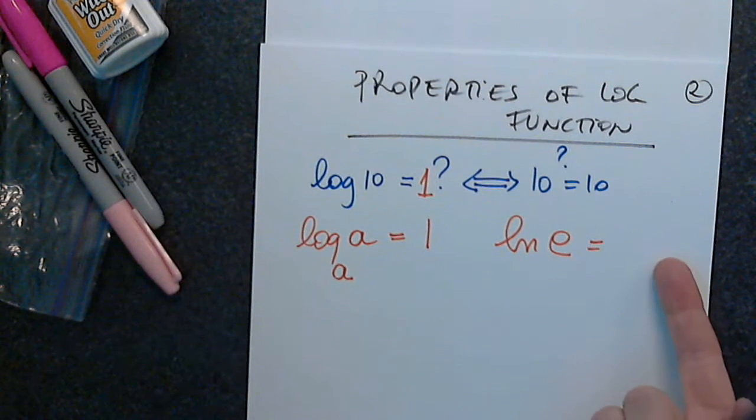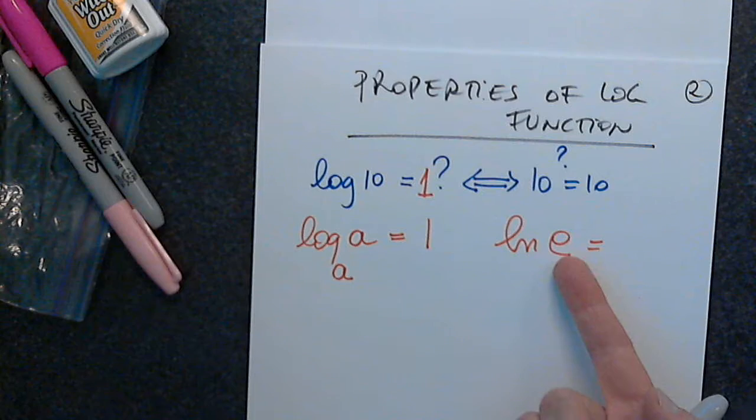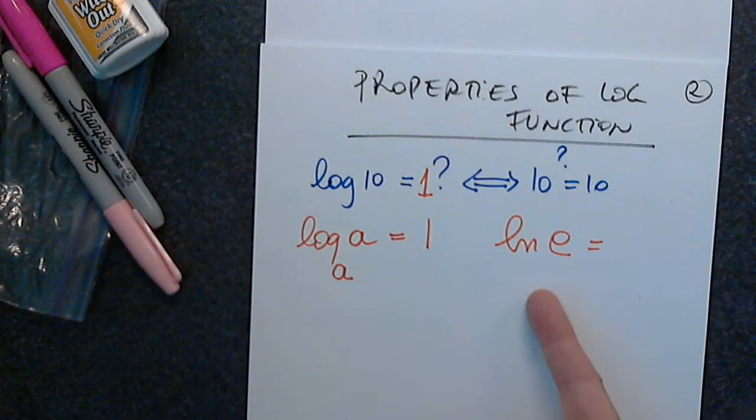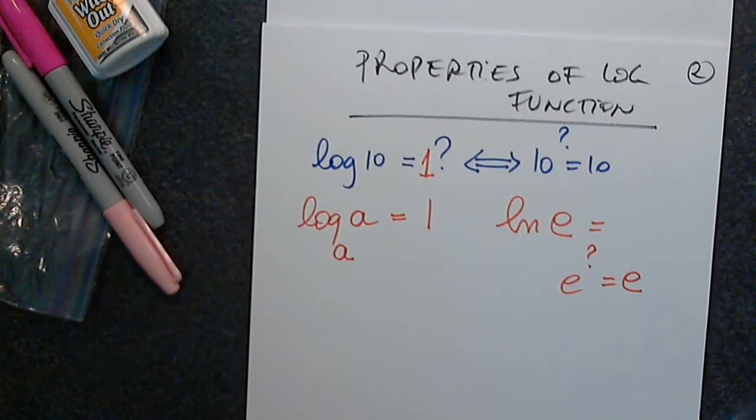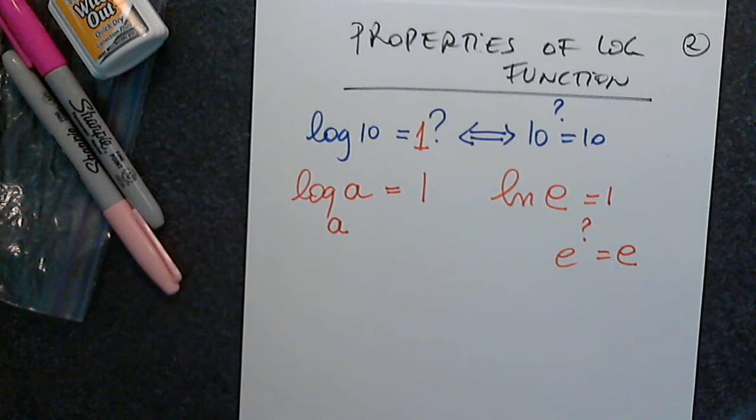So e raised to what number is e? 1. So please remember, log in the base a of the same number as the base is always 1. Would you agree?